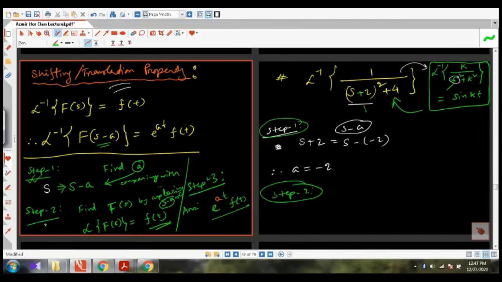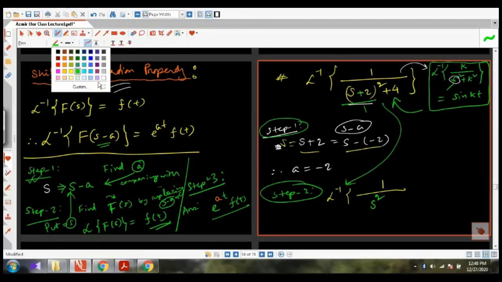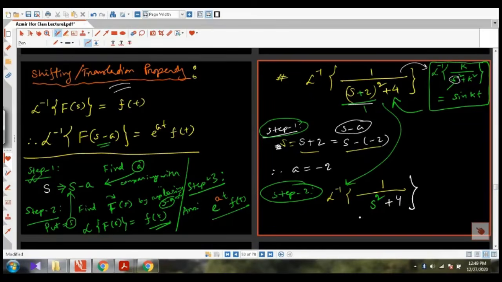That means where we have s negative a, let's put s instead of s negative a and find F(s). So from the given problem, we write inverse Laplace of 1 over, so s negative a, that means s plus 2 should be replaced by s. So we replace (s plus 2) by s, squared, plus 4.